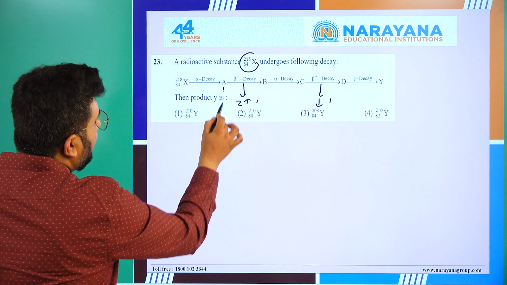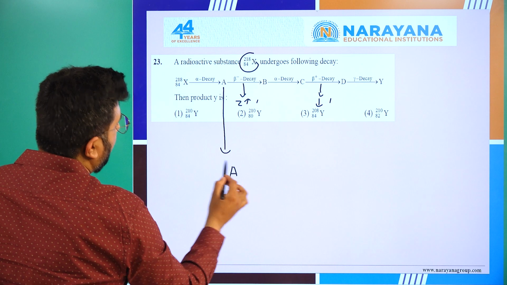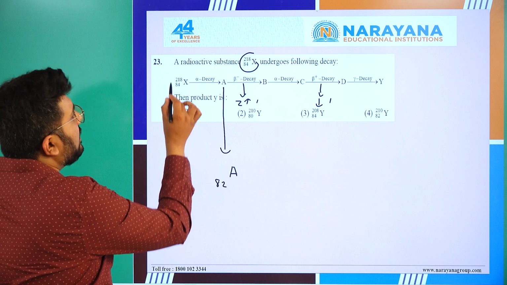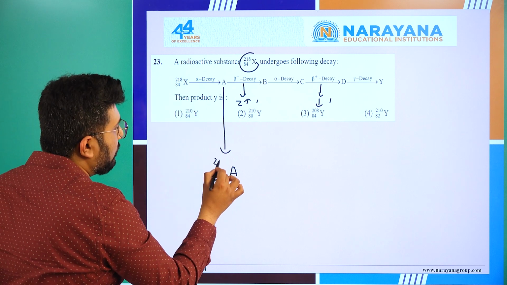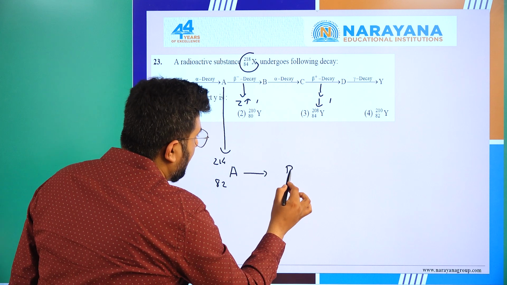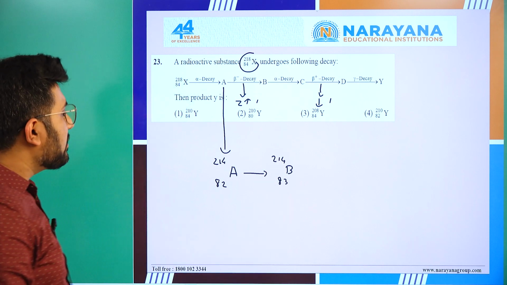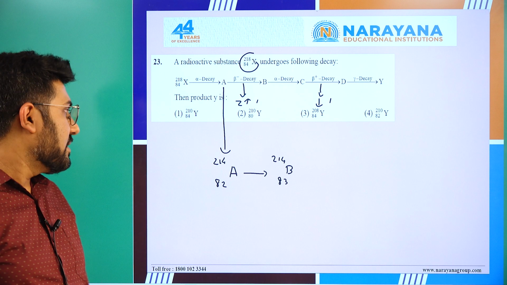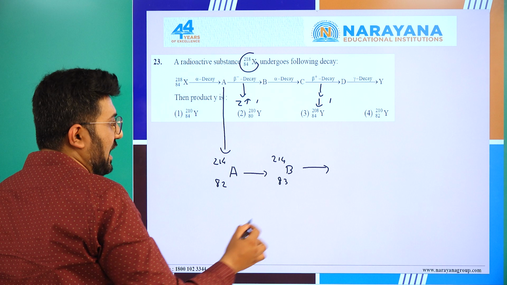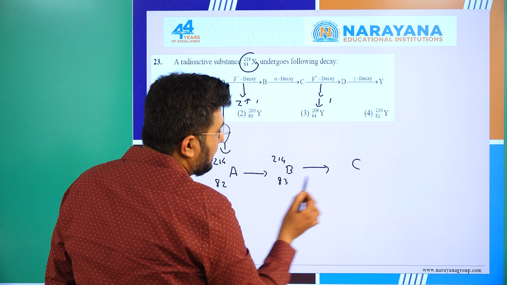Okay. So if I look at this product, it will be A. The charge number decreases by 2 and the mass number decreases by 4. Then there is a beta minus decay, from where I got B, and the mass number remains the same and the charge number increases by 1. Then it undergoes an alpha decay again and gives a product C, and this will become 83.